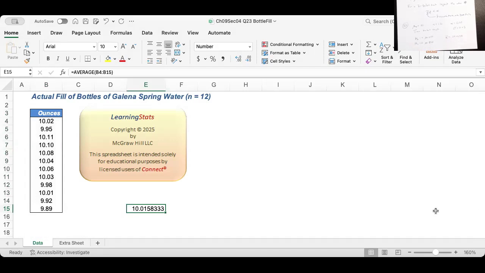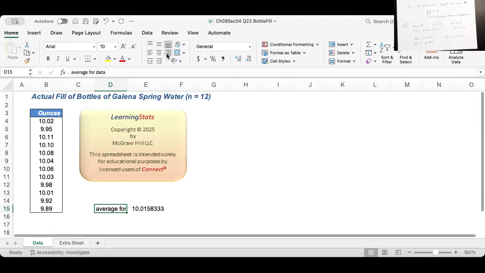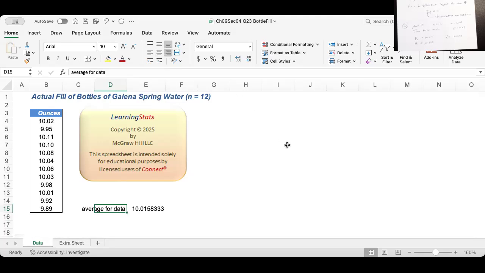Hey, wait a minute. I could do the Z calculation here, couldn't I? I don't actually have to do this calculation by hand. There, that's the average for my data. So let's actually do the Z-score.